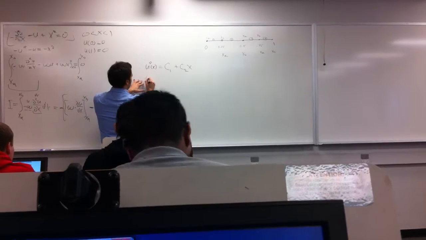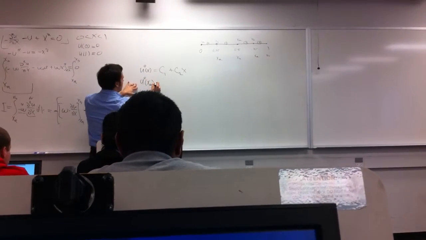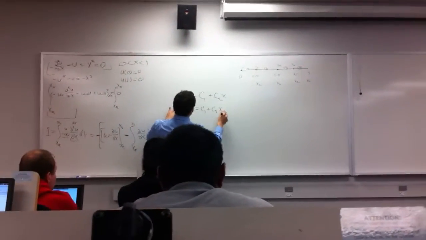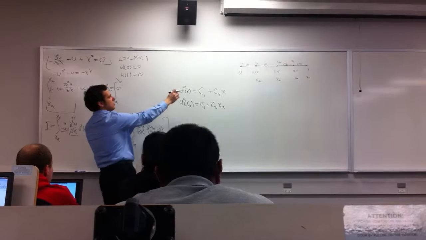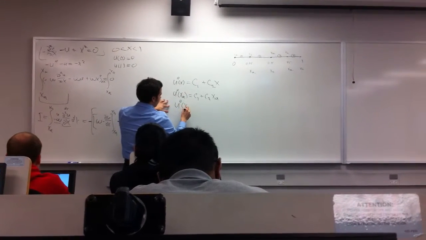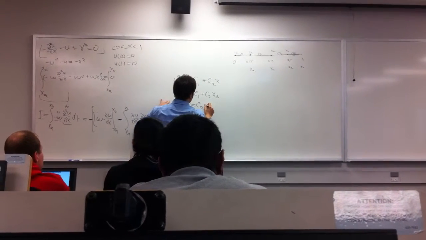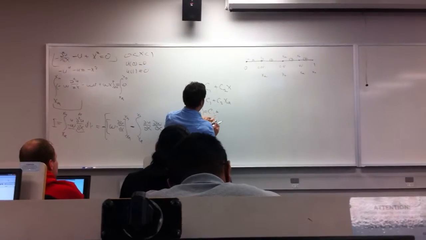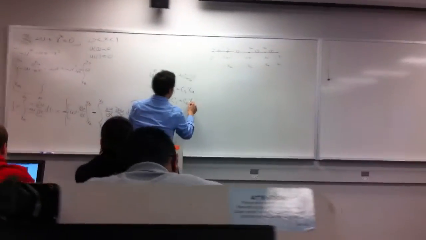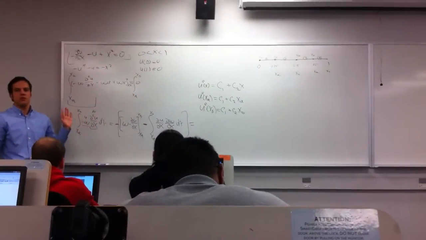So U of XA of any element is going to be C1 plus C2 times XA. And similarly, plug in XB in this equation to get this. Okay, everybody's good so far?